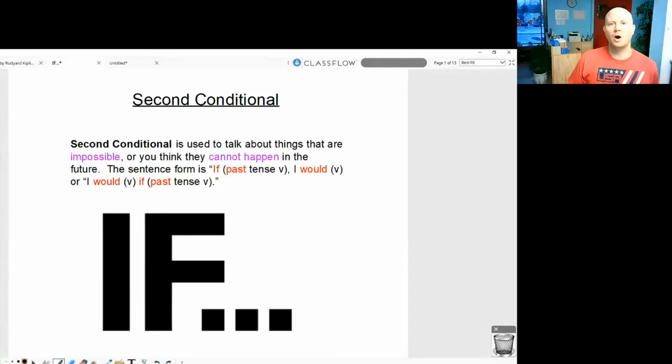Even if you want somebody to think that you think something won't happen, you could use the second conditional to communicate what you think. Like I have here on the screen, you think that it cannot happen. And it's in the future or in the present. This is not used to talk about the past. That would be a different grammar.